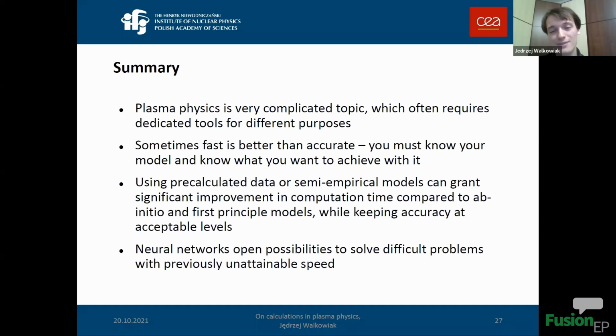So you need to know what you want to achieve. And it's worth knowing that something like neural networks exists. It opens the possibility to solve so many problems with great speed that I think it should be obligatory for almost all physicists to learn at least the basics of it, to know what the possibilities of these methods are.